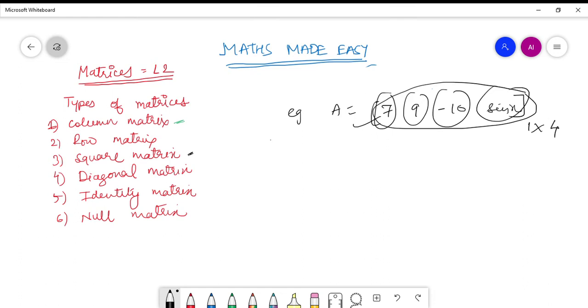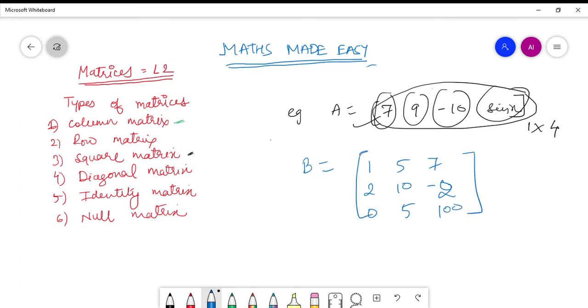Next, let's move to square matrix. Square matrix is nothing but a matrix with equal number of rows and columns. Let's take a matrix B: 1, 5, 7, 2, 10, minus 2, 0, 5 and 100.